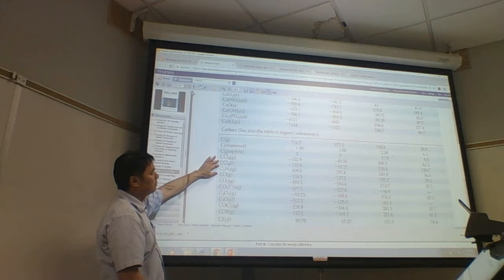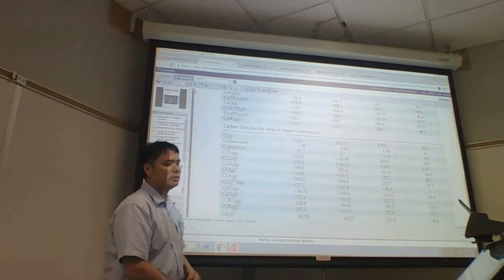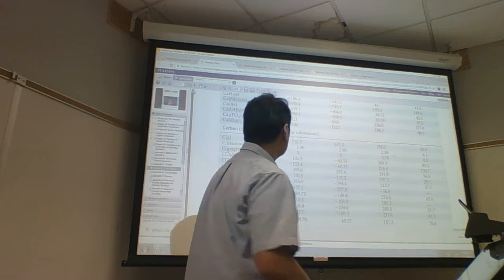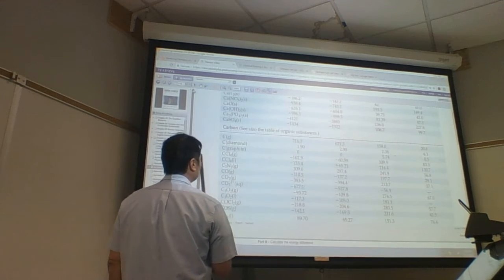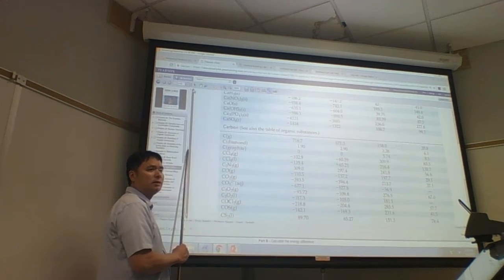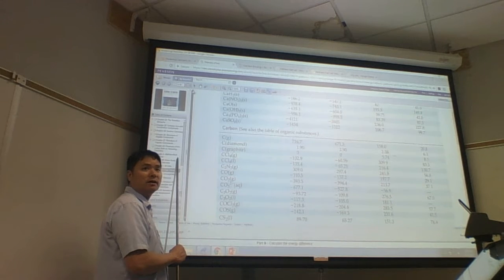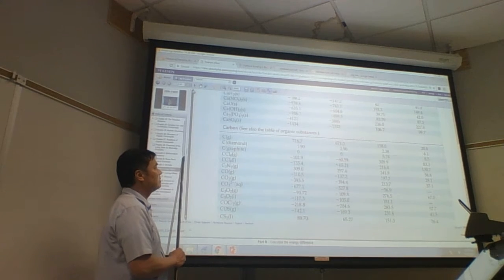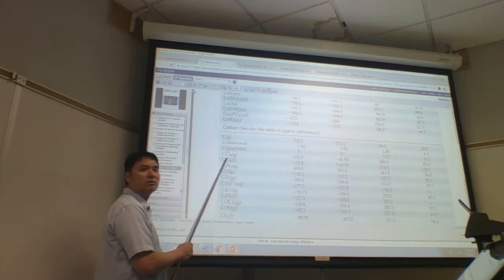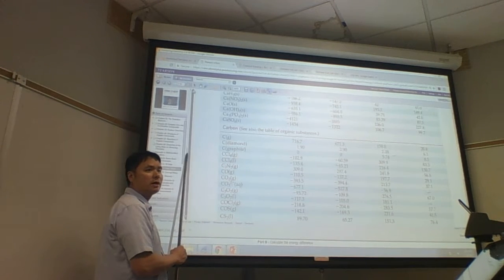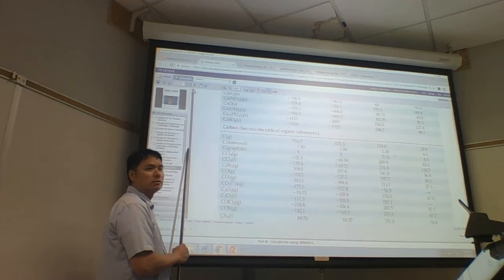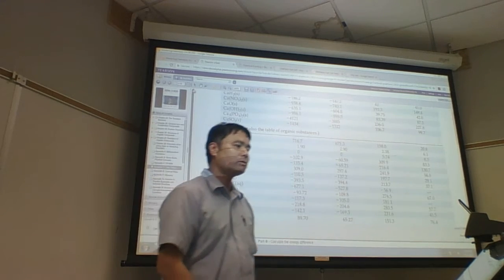It doesn't matter what state the product is. But what does matter is the original state. This is going to be formed from carbon. Does it matter? Carbon must be a gas. Is that right? Carbon gas plus chlorine gas yields carbon tetrachloride gas? No, the carbon has to be solid, because that's the natural state of carbon.